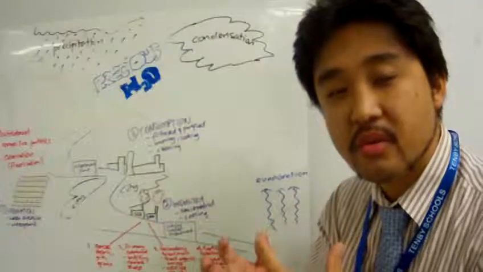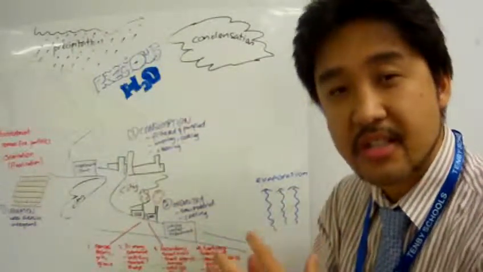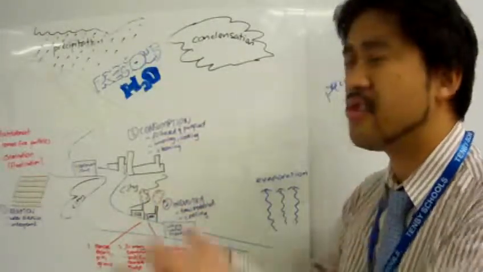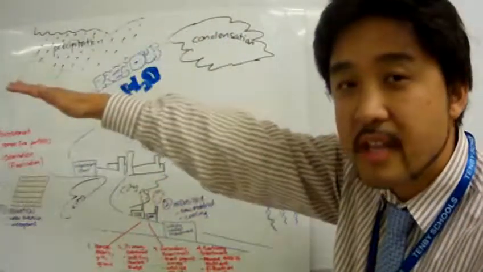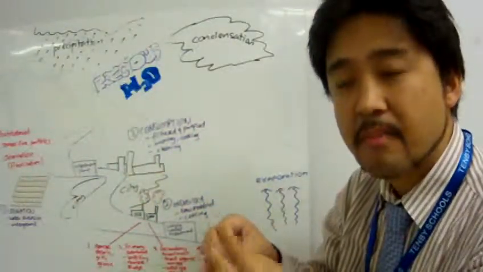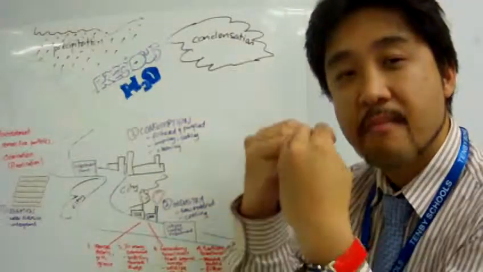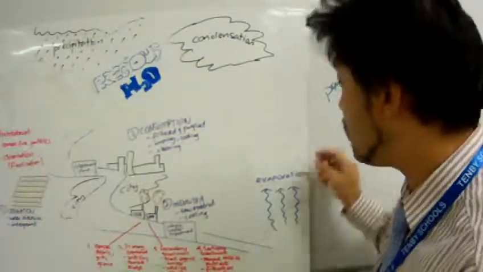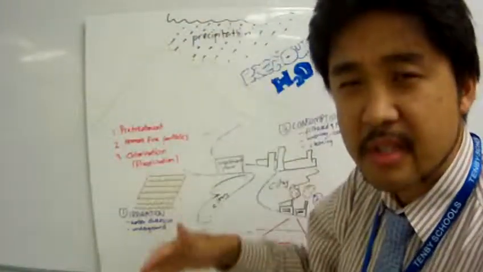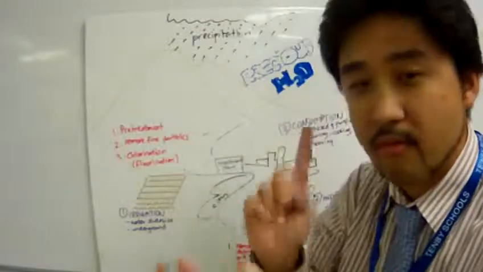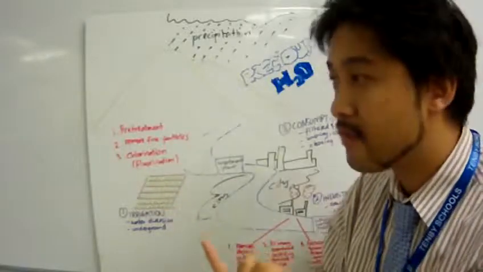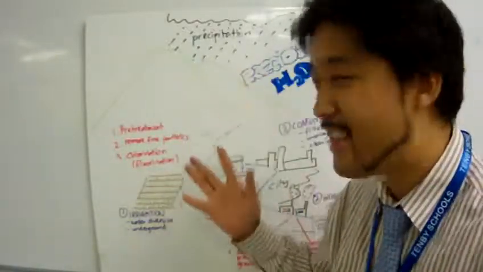And when you introduce fine particles like dust to the clouds, which us humans contribute a lot of into the atmosphere, when the condensation plus the fine particles get heavy enough, what you would experience is precipitation. Precipitation comes in many forms: rainfall, snow, icing, hail, and the whole enchilada.